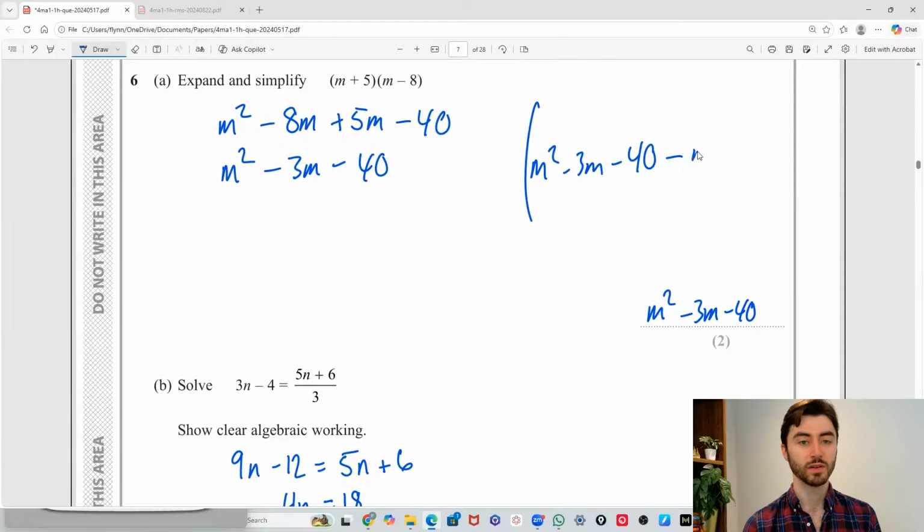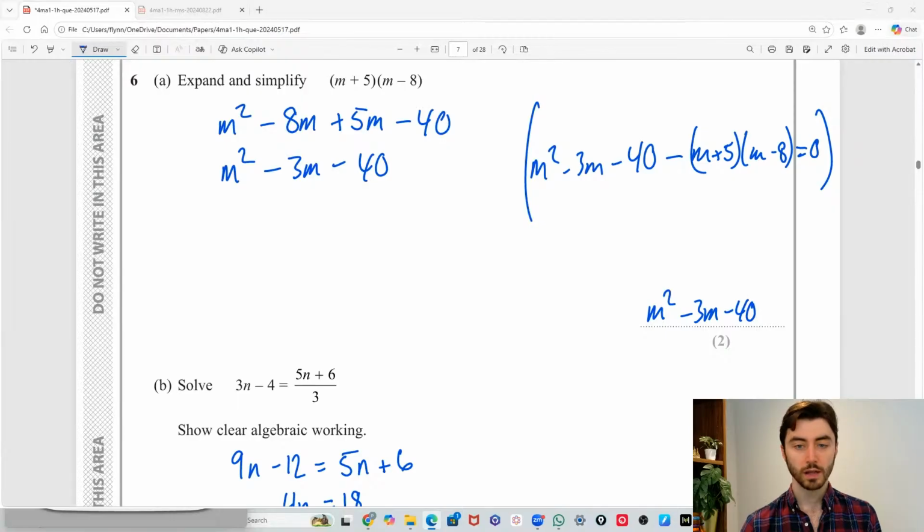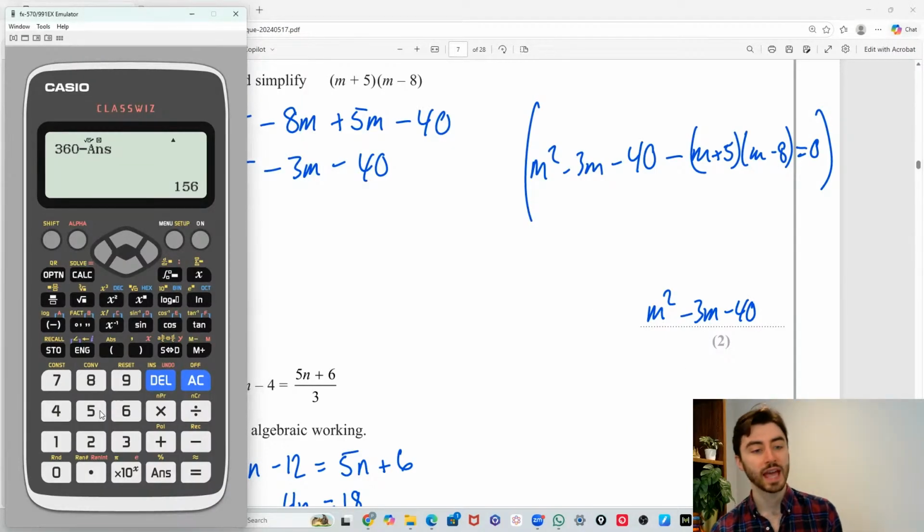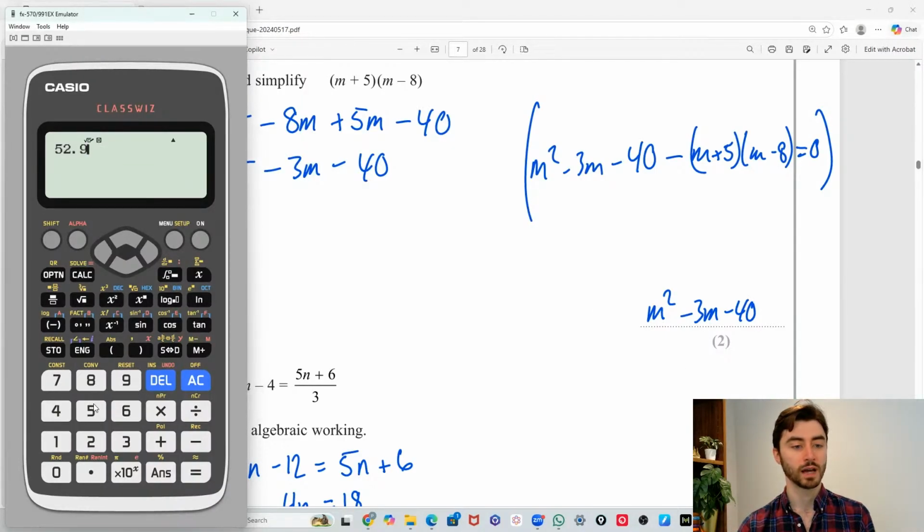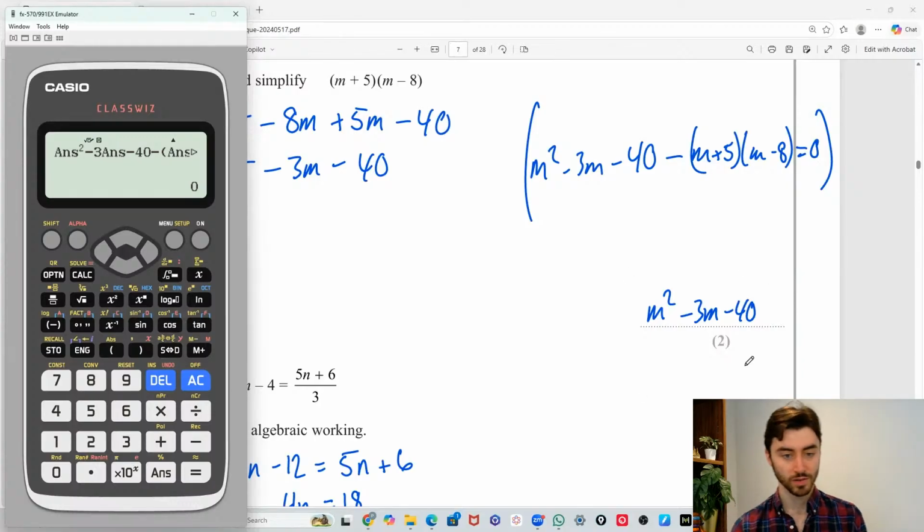So if I subtract off m plus 5, m minus 8, I should get 0, right? So here, if I type in literally any m, I'll type in 52.94. I'm going to do answer squared minus 3 answer minus 40 minus answer plus 5 answer minus 8, and I should get a clean 0, and I do. So that means I know this is correct.